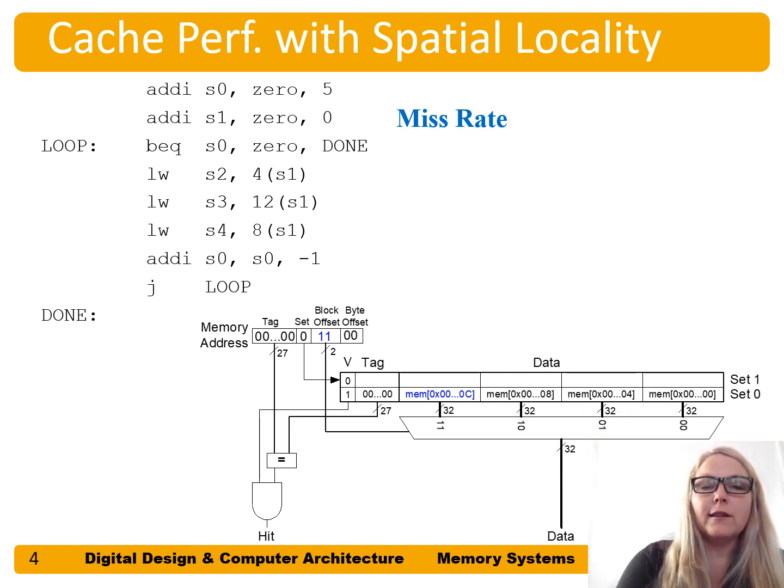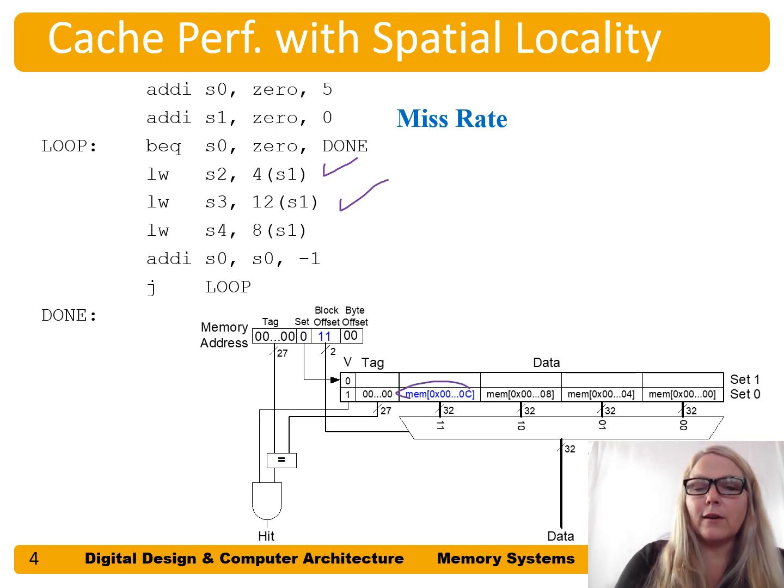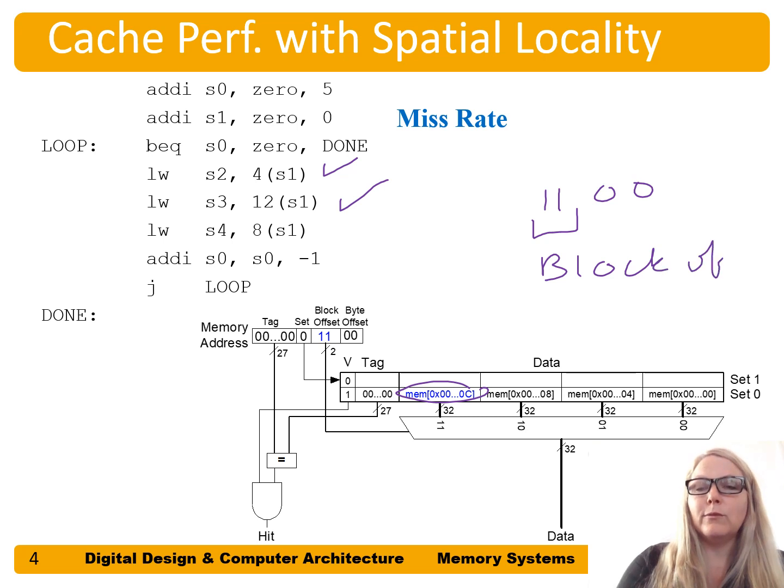But now, in this next access to 12, instead of being a miss, which it would have been in a cache with only a 1-word block size, now it's going to say, oh, hit. I already pulled that in. I thought you might need it. We look at address 12 and see that the block offset is 11.